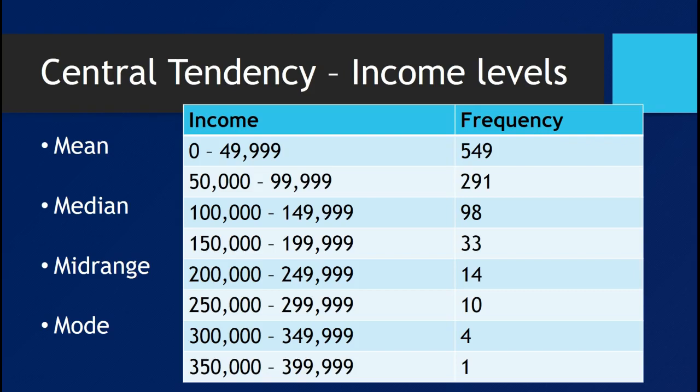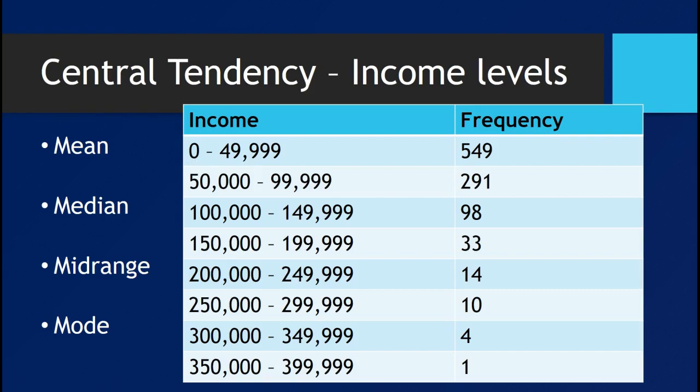Now, the trouble with this is that the calculator only allows us to put in a single number in every entry in list 1. So we can't tell the calculator that the first entry in list 1 is from 0 to 49,000.